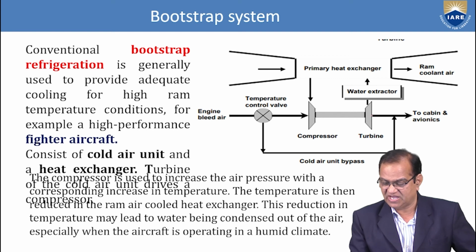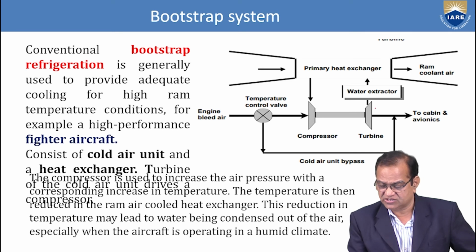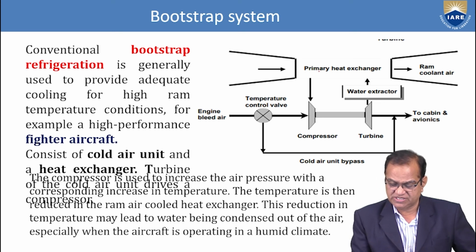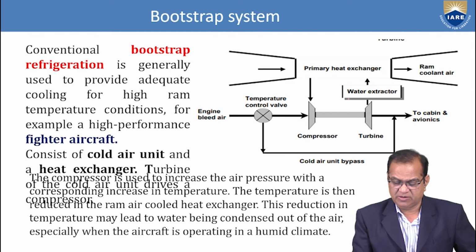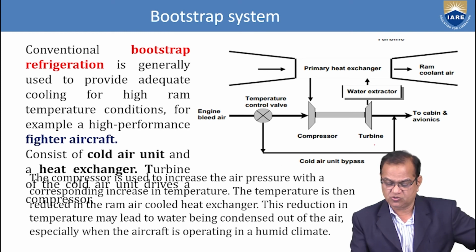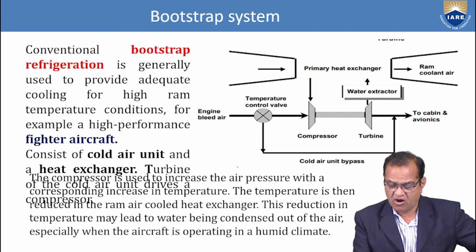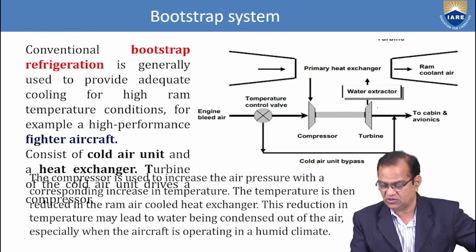So in this type of bootstrap, the air goes to the primary heat exchanger, and here is the ram coolant air, and here the water extractor is there. This compressor is rotated, and this will rotate the turbine. Here, if water is there, it is extracted, and bleed air is coming from here, and this goes to the cold air unit bypass. So here it will be hot and cold, and here is the cool.